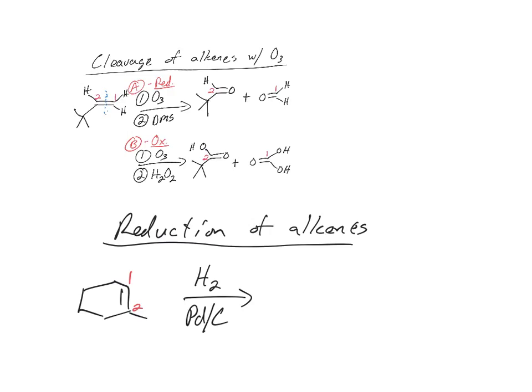One last one, reduction. No mechanism needed here, so for these last three reactions there's no mechanism needed. Everything else you should know the mechanism for. This is adding H2. It's going to turn an alkene into an alkane. The biggest thing to remember here is that this is a syn addition.